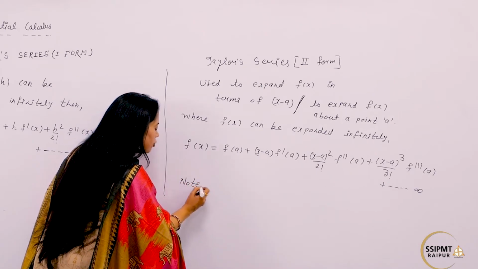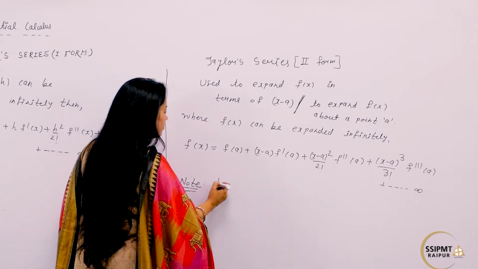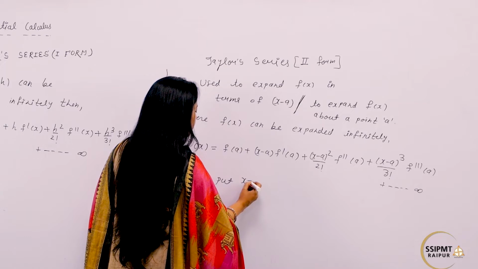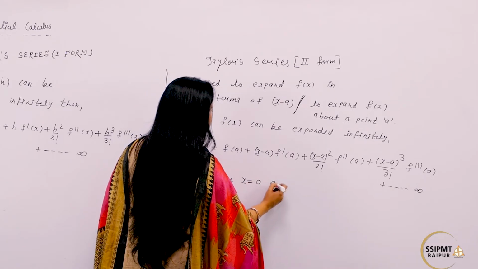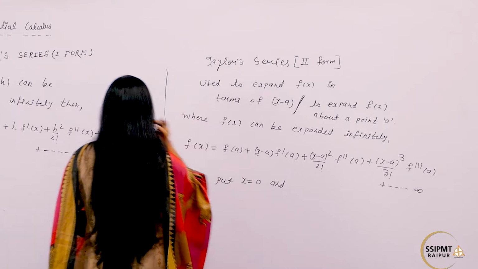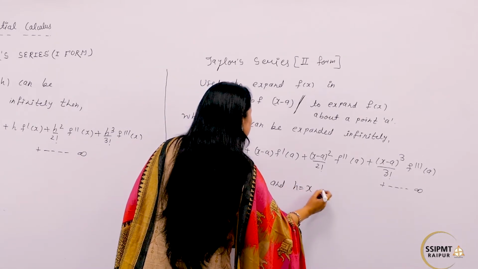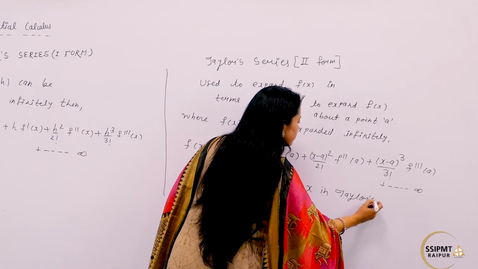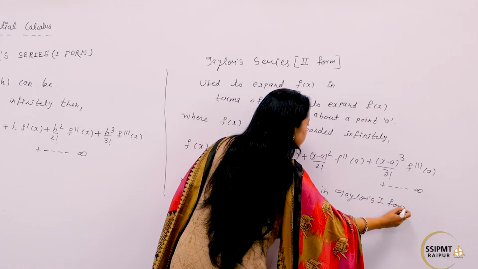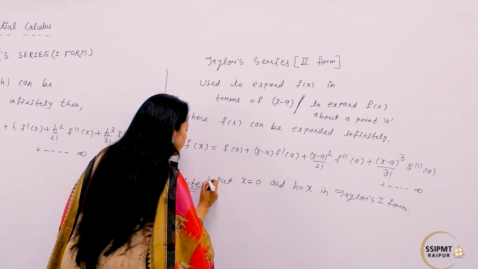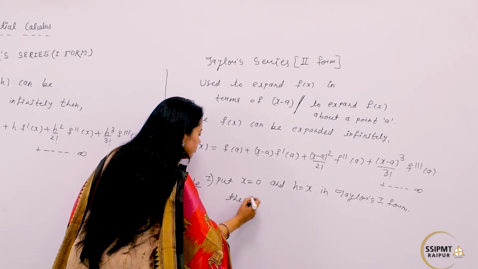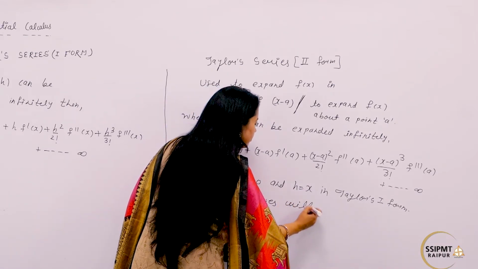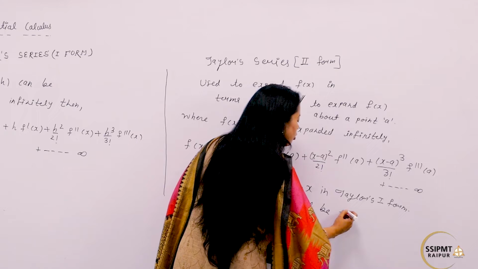One thing I want to mention over here, that if we put x is equal to 0 and h is equal to x in Taylor's first form, the series will be changed into Maclaurin series.